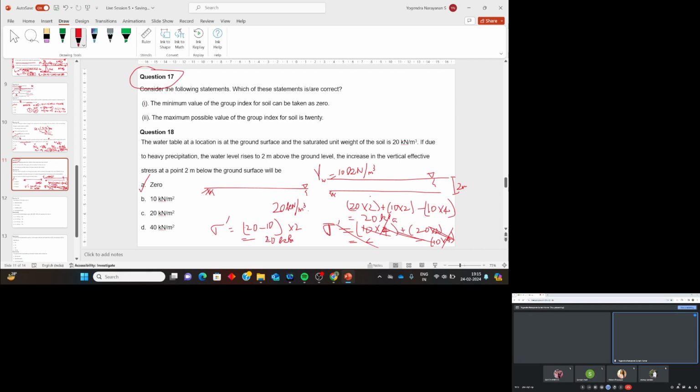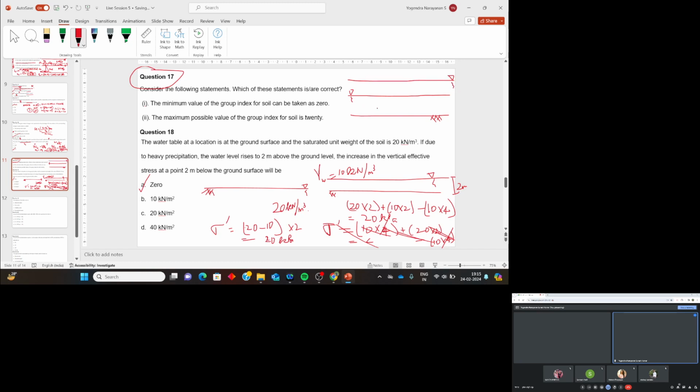So here, whenever there is a water level fluctuation, for example if you consider a riverbed, and initially the water level is here, and for example due to flooding the water level rises here.